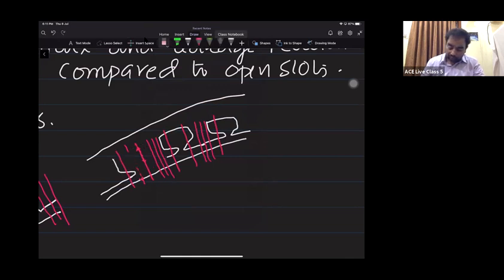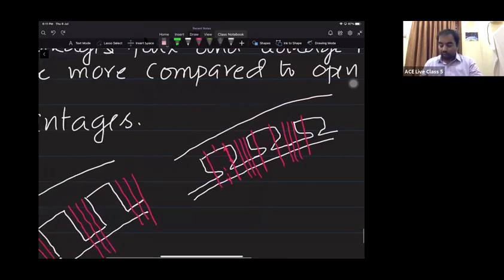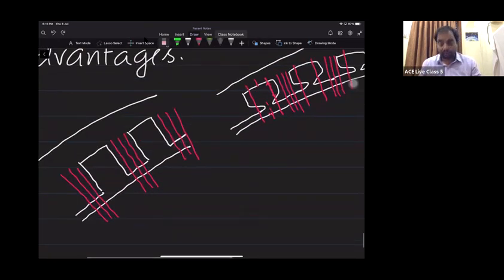You can see here, is there any flux line? In the first case, is there any flux lines passing through the slots? No. But in the second case, one or two flux lines are passing through the slots. Then I can say the flux lines are a little bit scattered even in the slots. It looks like the flux lines are uniformly distributed. When the flux lines are uniformly distributed, what happened to the harmonics?